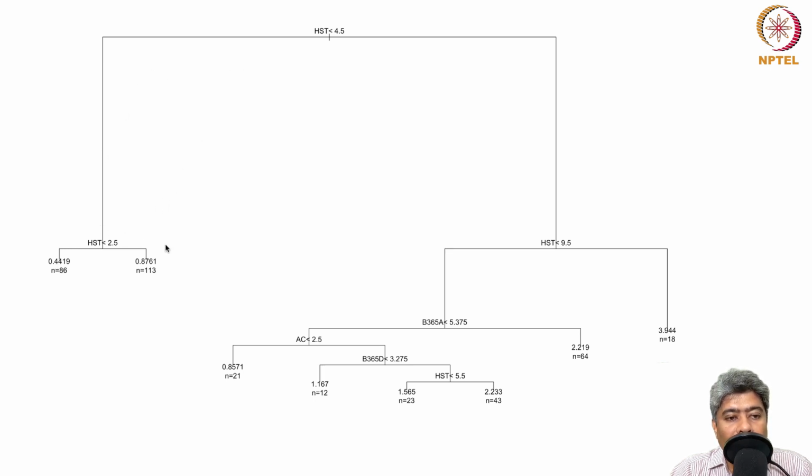If it is greater than 2.5, then you will score a goal with 0.8761. If it is greater than 4.5, then you come this side. If HST is less than 9.5, then you come this way. If B365 is greater than 5.37, then you will score a goal with rate 2.219, and if it is greater than that, then you will score a goal with rate 3.944. So that is what it is saying effectively.